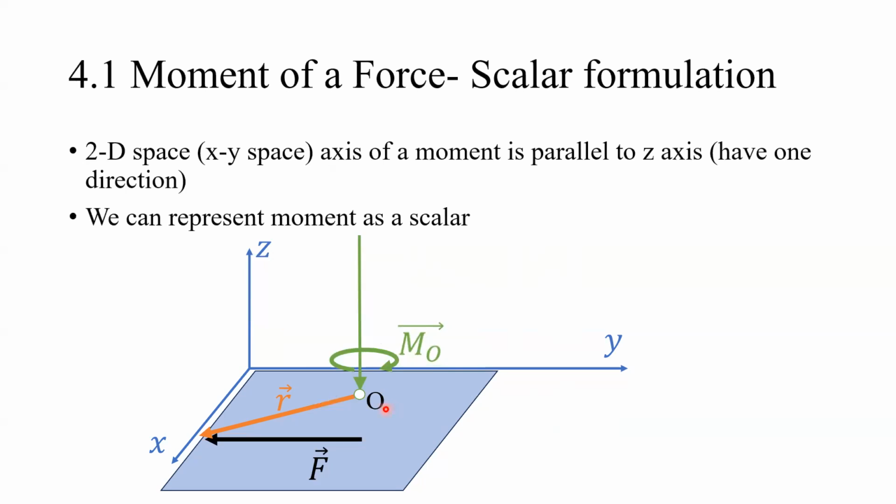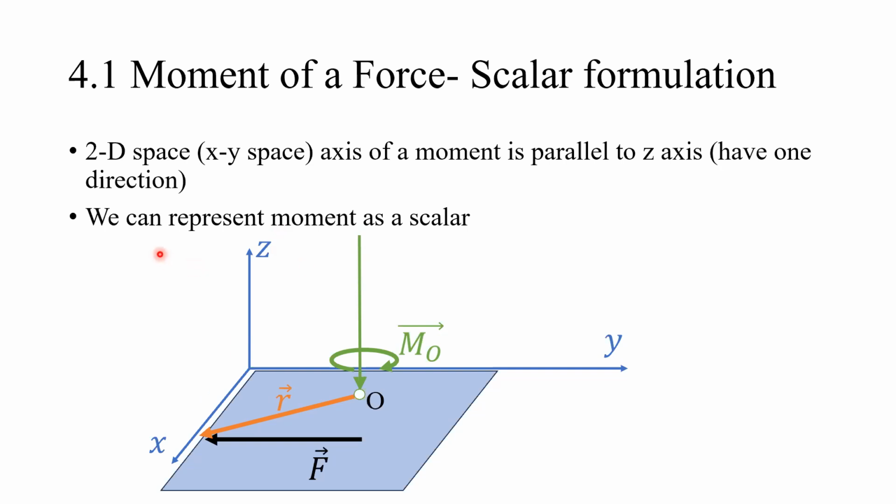Like in this picture, if your force and position vector are available on the XY coordinate system, in other words, we work in 2D space, our resultant moment is parallel to the z-axis. In other words, our moment has only one component, the z component.